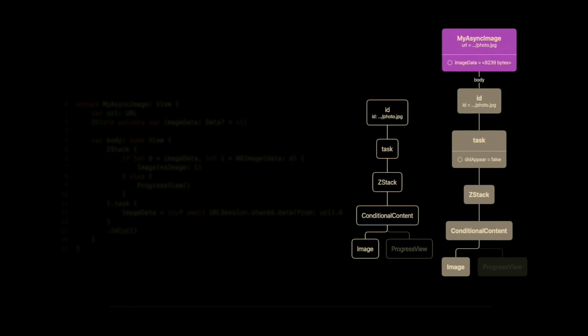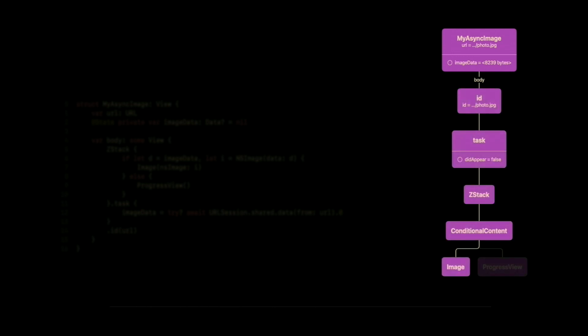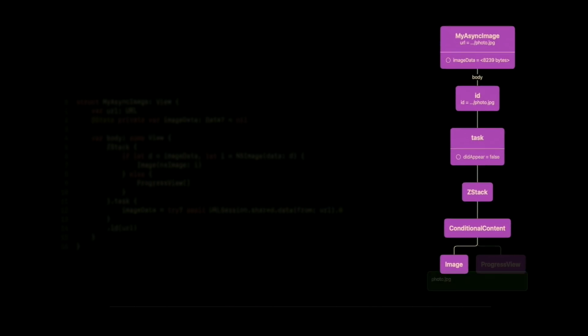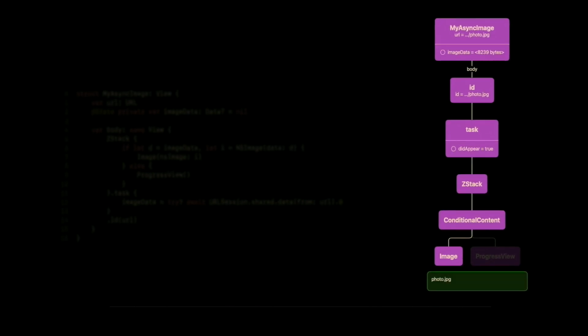And now our task has the didAppear set to false. So that means that when this view first appears on screen, so let's say the rendering is complete and the view appears on screen, it will start a new task. So we can see the didAppear is now true, the task has been created, and when it runs, it loads the data, it updates image data, which is now 66 kilobytes.